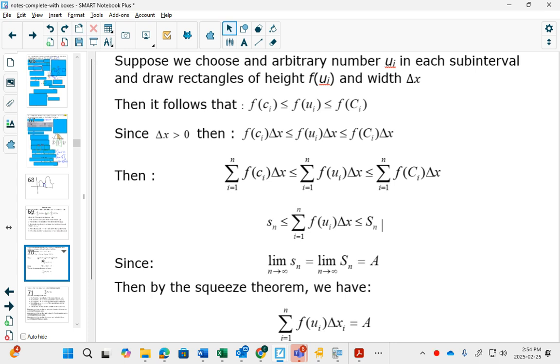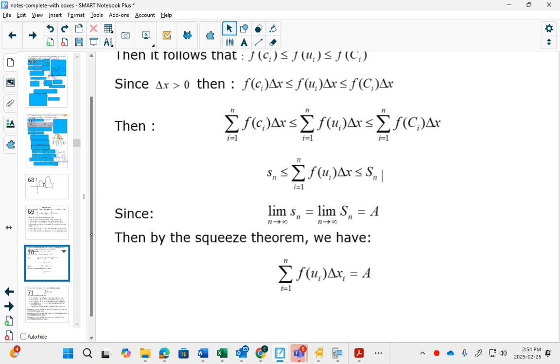It could be equal if you always choose the biggest ones, or equal to always the smallest ones. But since the limit as n goes to infinity of this one is the area, and the limit of this one is the area, by the squeeze theorem, the middle one has to be the area.